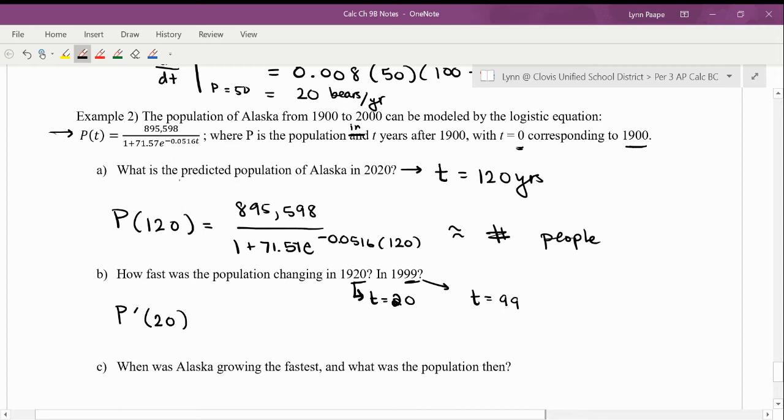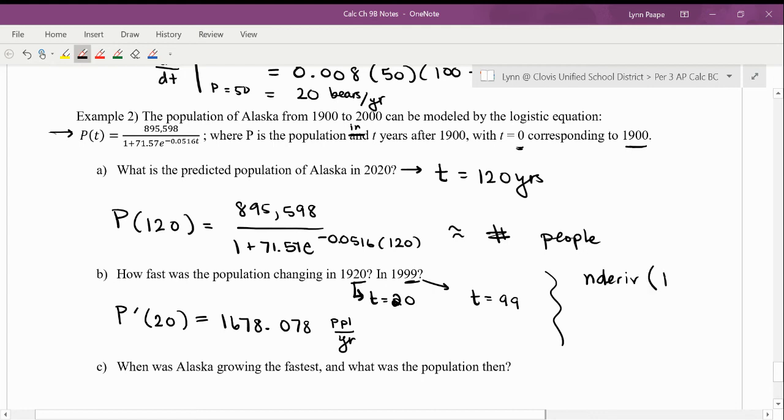So we could actually take that derivative. We can also use our calculator or Desmos to figure out that derivative and then evaluate it at 20, right? So that would be just using the technology component. And so that would be 1678.078 people per year. I'd pre-populated this. Essentially, in our calculator we have our nDeriv feature, which means numerical derivative.